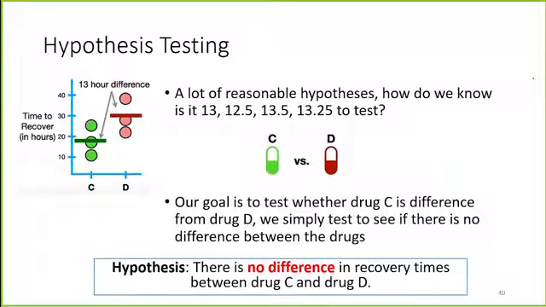So people usually come up with some general hypothesis, which says there is no difference in recovery times between drug C and drug D. Why no difference? Because usually we want to start with a hypothesis that is the opposite of what we want to conclude. Why? Because if we can conclude, that means we can reject.